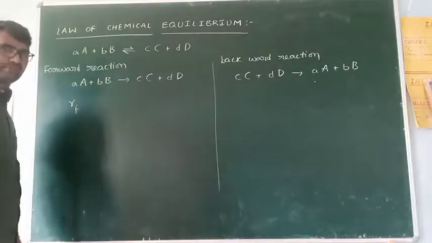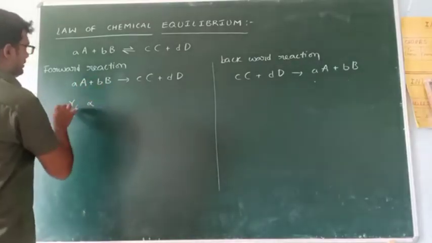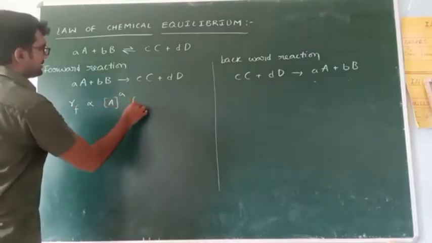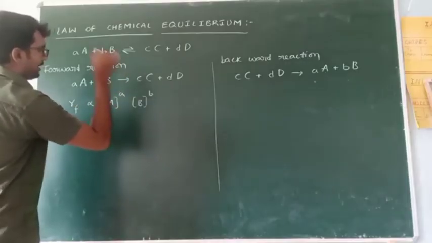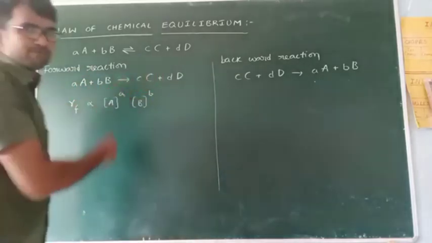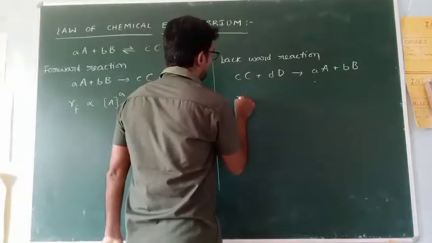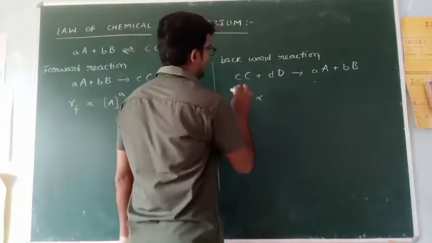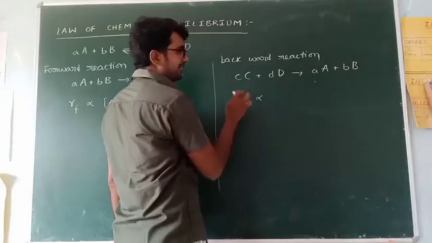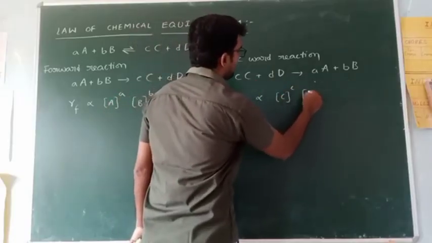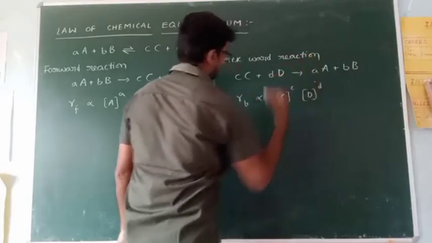So Rf is directly proportional to the concentration of A whole power a, concentration of B whole power b, because in this reaction these two are reactants. Now for the backward reaction, Rb, the rate of the backward reaction, is directly proportional to the concentration of C whole power c, concentration of D whole power d, since C and D are the reactants here.